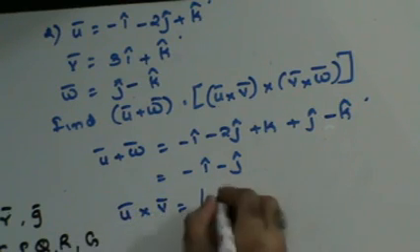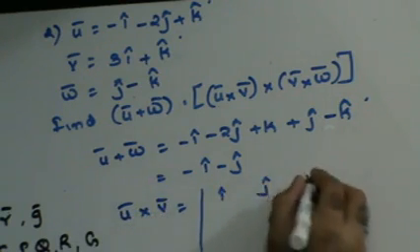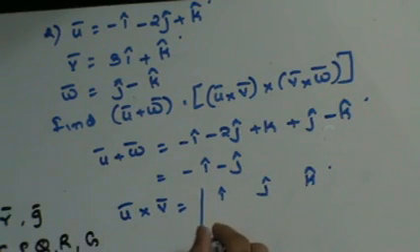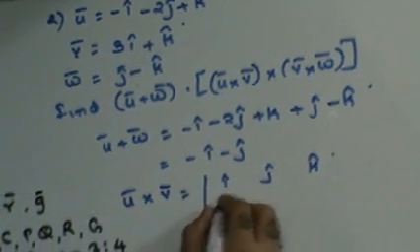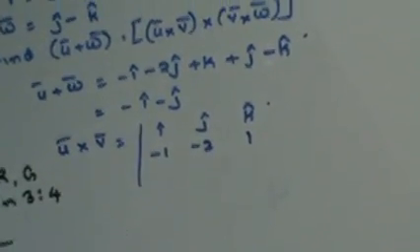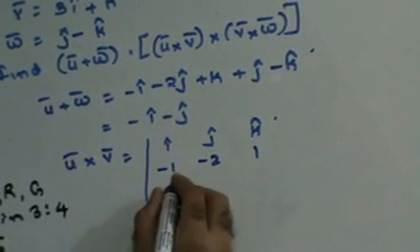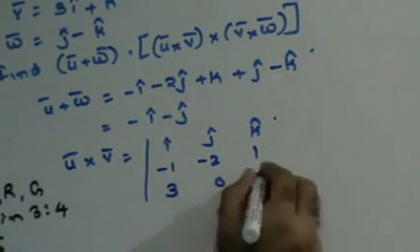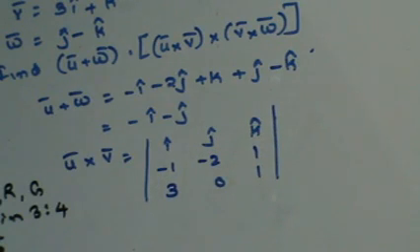Okay, next let's find out u vector cross v vector. U vector cross v vector is i j k, u is minus 1, minus 2, 1, v is 3, 0, 1. Since I'm finding cross product, I have to find it using determinants, right?